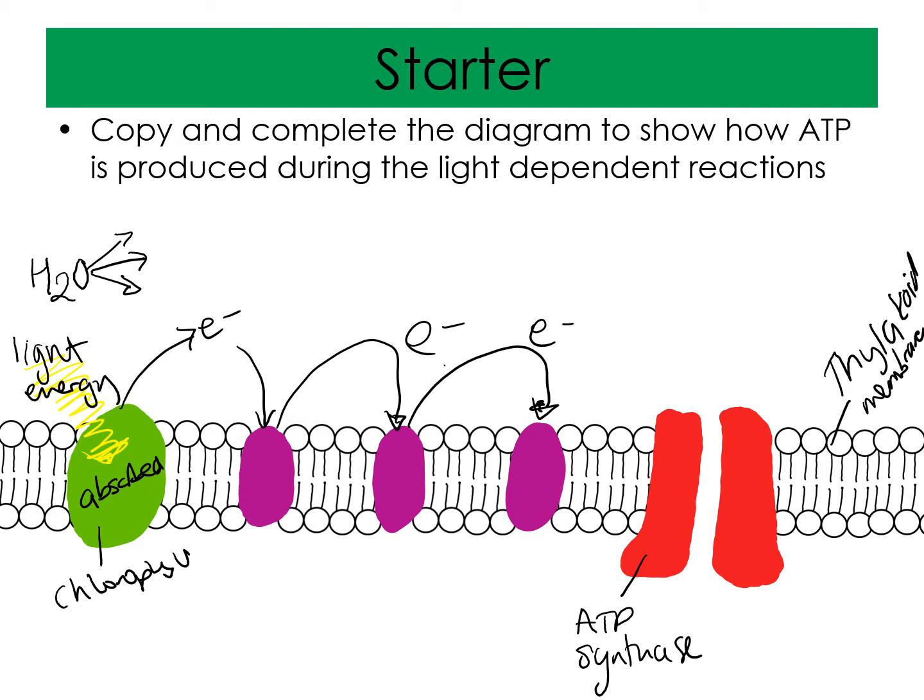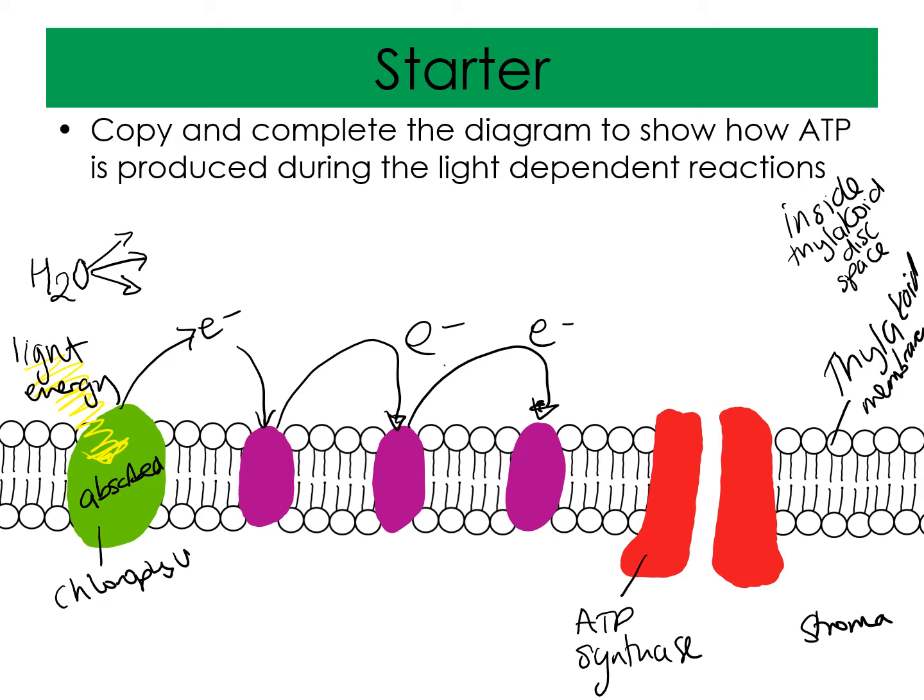And you might have labelled up also, and if you haven't, you can add this now, that this is inside the thylakoid disc. Inside the disc space, if you like, at the centre of the disc. So this is the thylakoid membrane itself, and that means that this is the stroma, this is outside of the disc. Okay, so light energy is absorbed by the chlorophyll molecule.